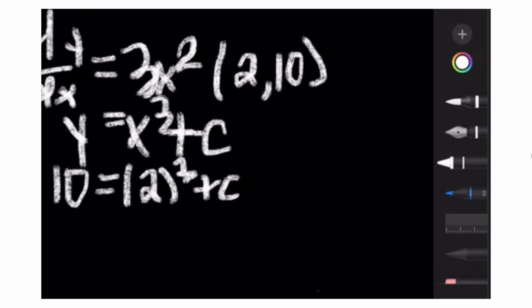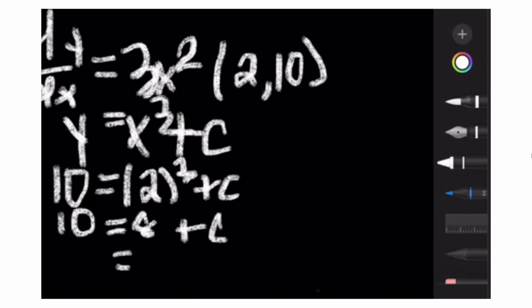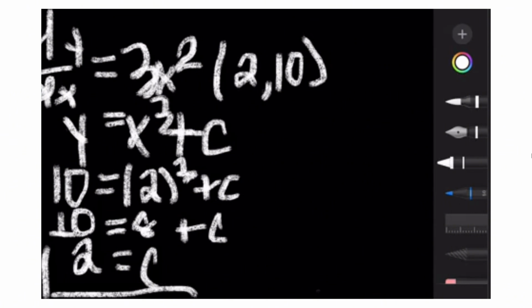Then this is 10, this is 8, and this is c. So we can move 8 to the other side, and then it will be negative, so we'll be subtracting it from 10, so the value would be 2. So 2 is our value for the constant.